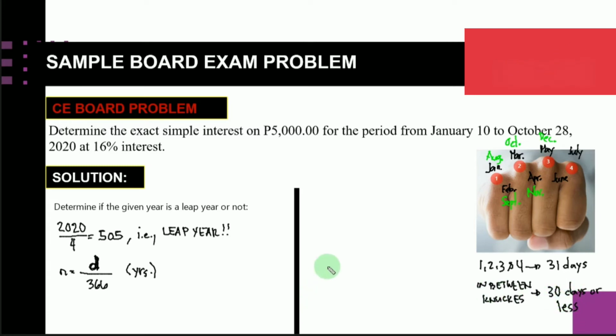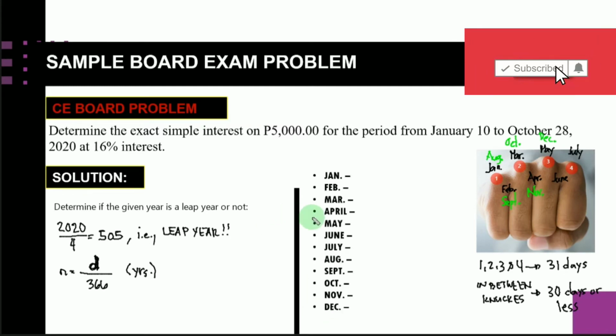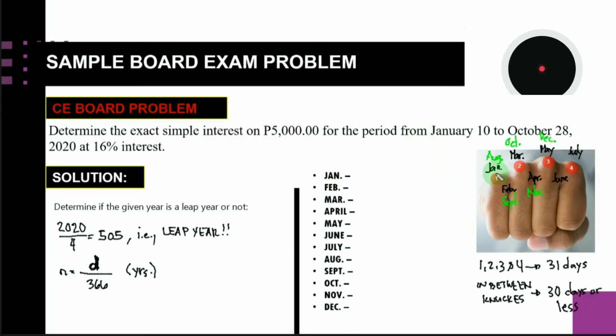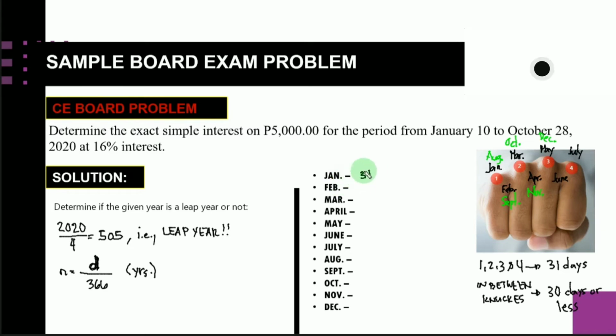So therefore, if we are going to write now the number of days here, we can say that in this first knuckle we have January and August. Okay, so January is 31. So let us write here 31 days.